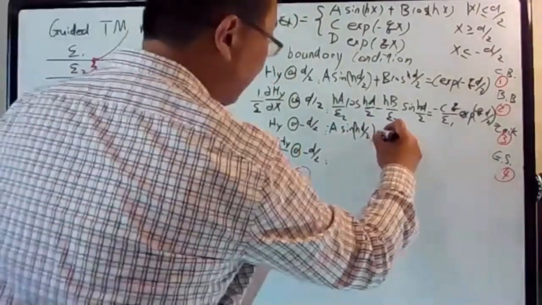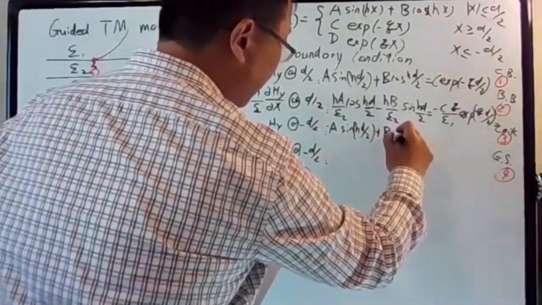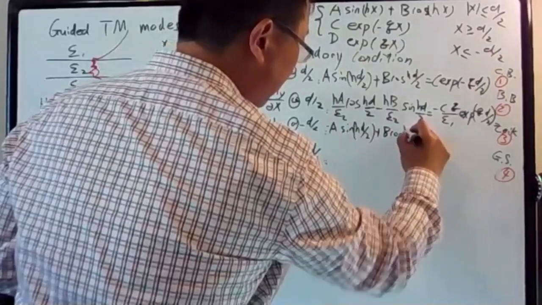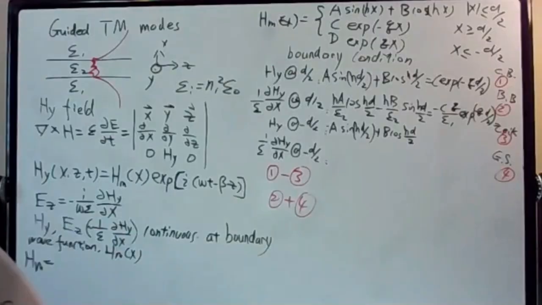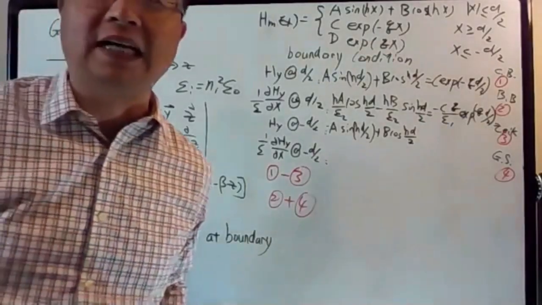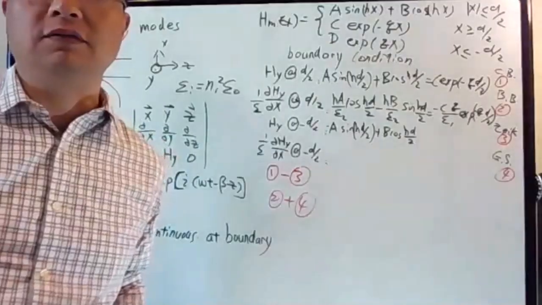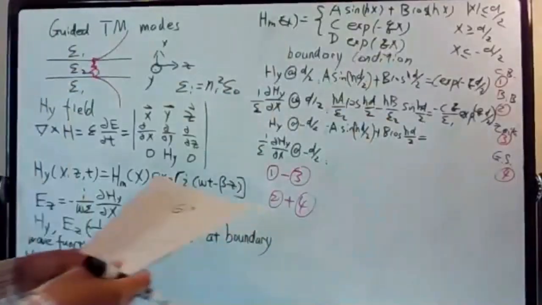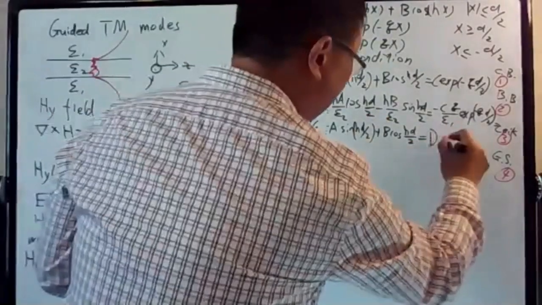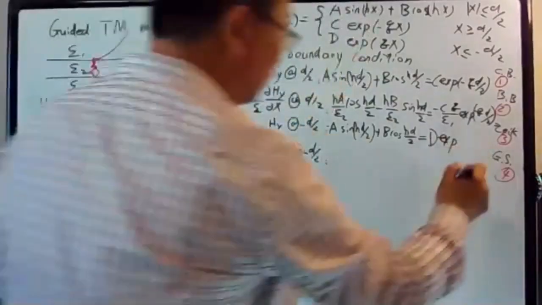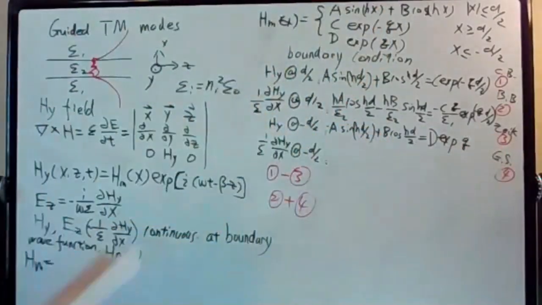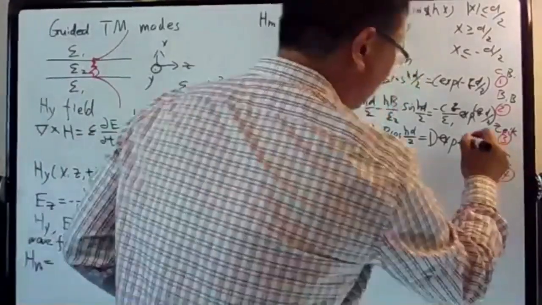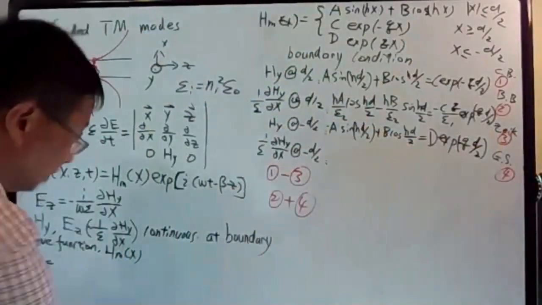And then that would be plus B cosine h negative hd over 2, right? But cosine is an even function, so negative hd over 2 and positive hd over 2 are the same. Yes. And then equals D exponential Q x. You need to make the x negative d over 2. Thank you. That's good.